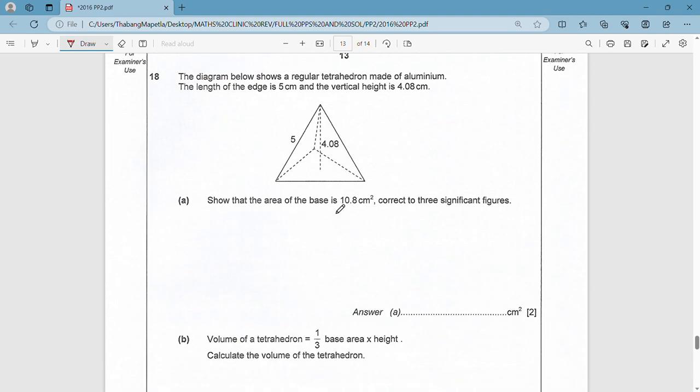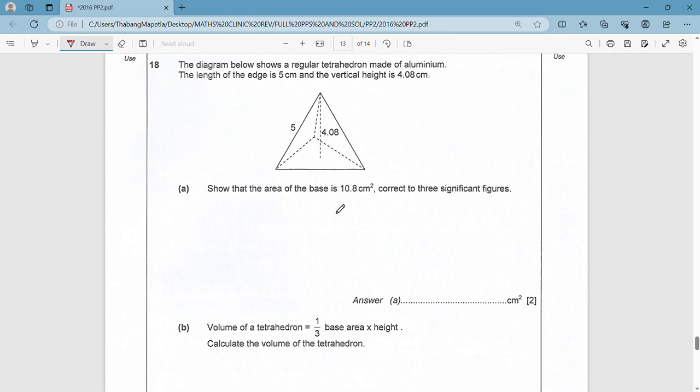Just wanted to draw and show that the area of the base is that. So this shape has all sides equal, which means it's an equilateral triangle. You know a side is 5, and you know that all angles inside are equal, so they are 60 degrees.